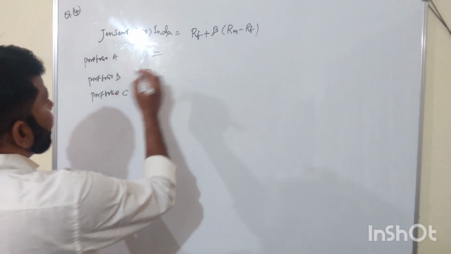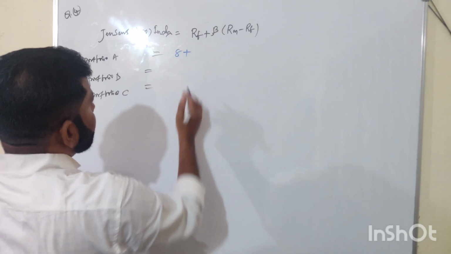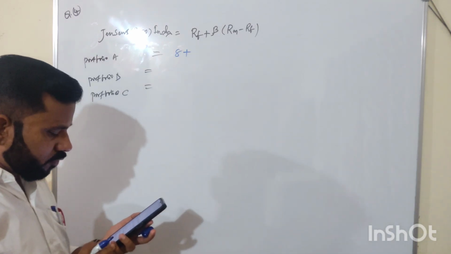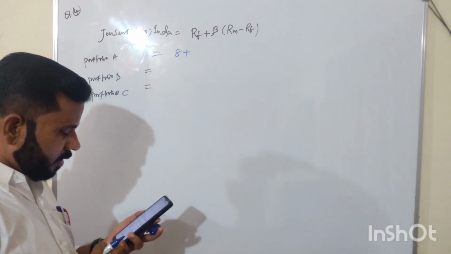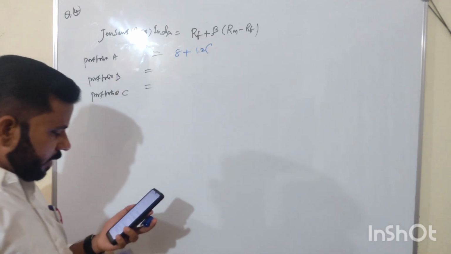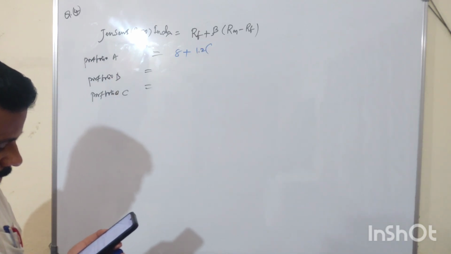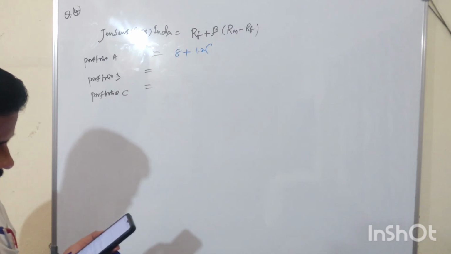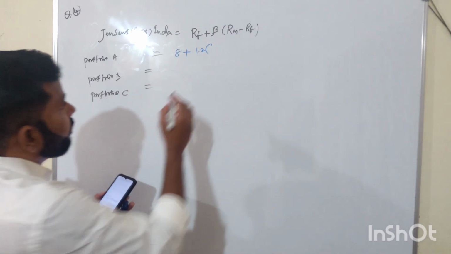So the risk-free rate is 8% plus. What is the beta of portfolio A? The beta of portfolio A is 1.2. Then what is the market return? Let me check. The market return is 13%.